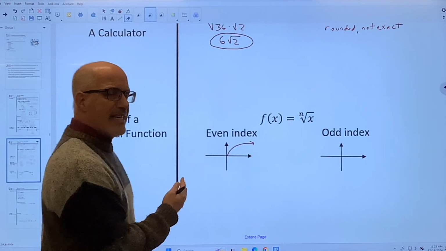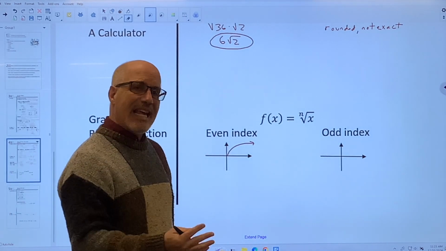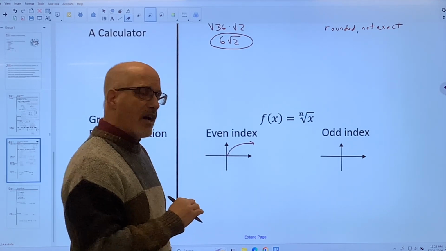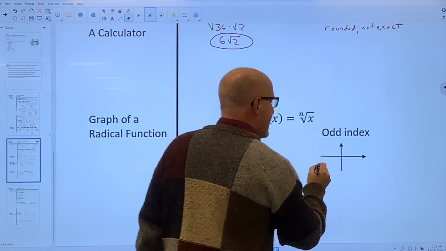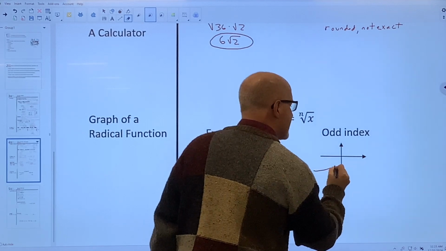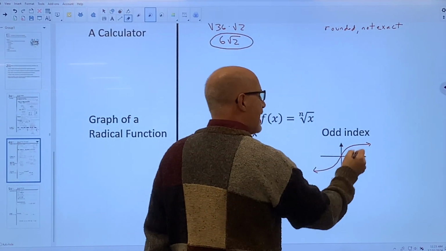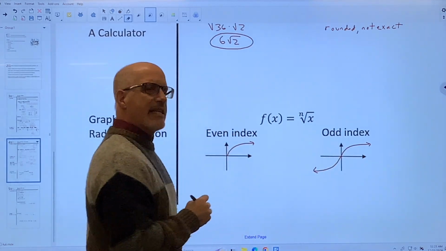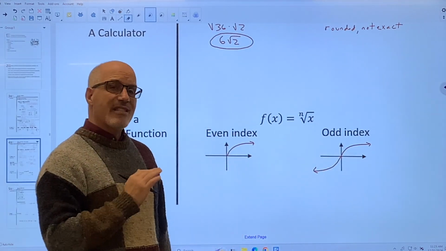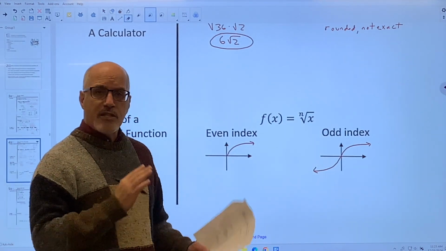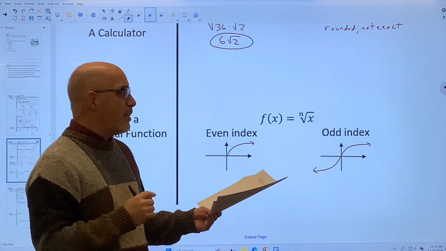With an odd index, though, because you can take the root of a negative number with an odd index, its graph will look like this. It will come in, it will have that same look over on this side, but will also look like this on the other side. It looks similar to what would be the inverse of, say, x to the third, because this is x to the 1/3.